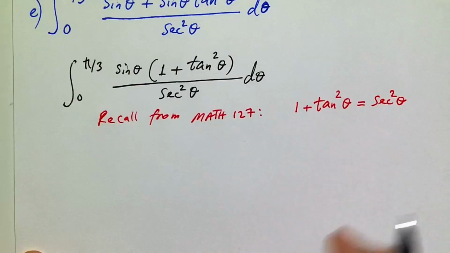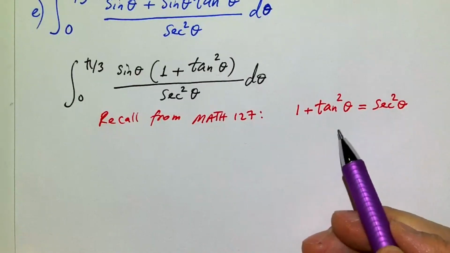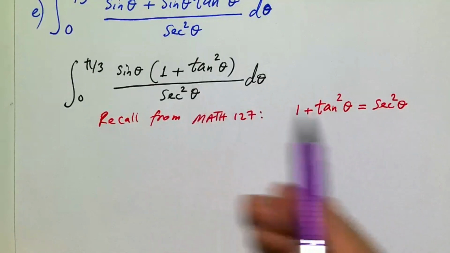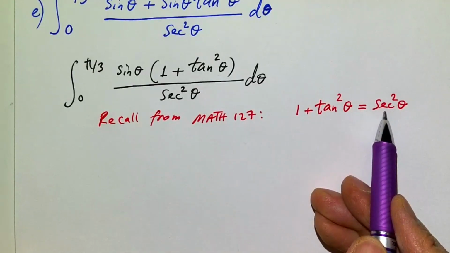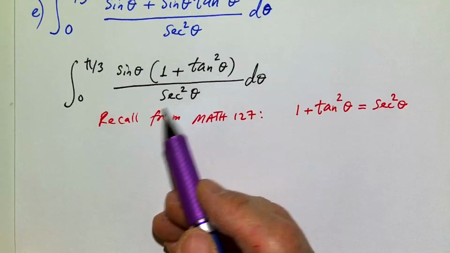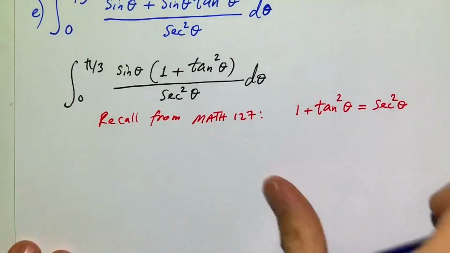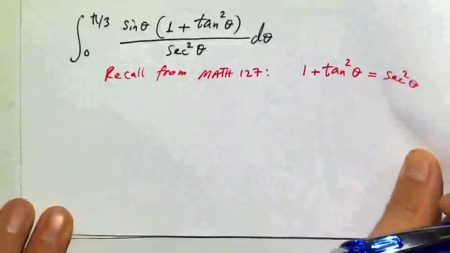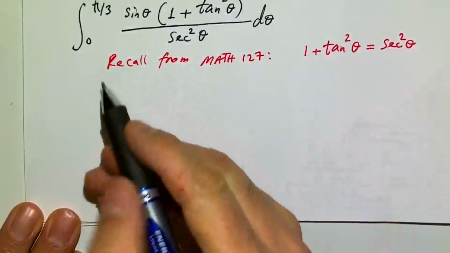That's one of the squared identities. So for this expression, let's plug in its equivalent, secant squared theta, especially since we know there's a secant squared theta in the denominator. So right away we can cancel things out. So this is looking good for us. After we factored out, things started to look good.